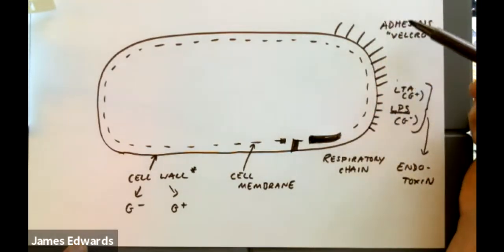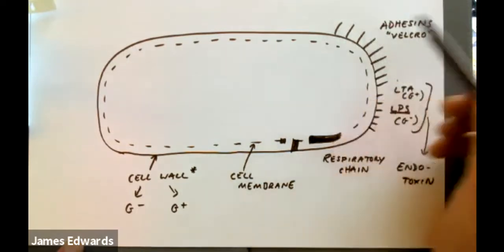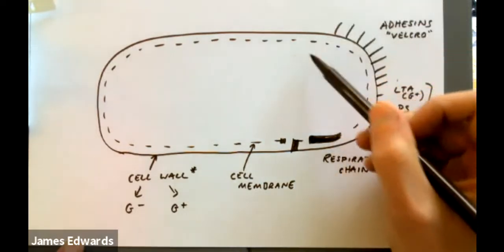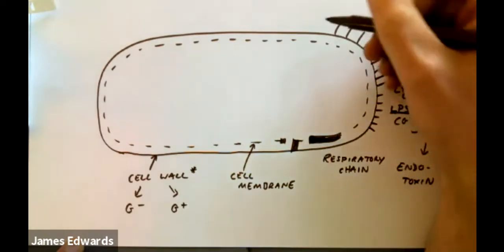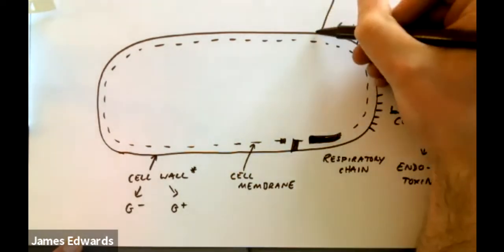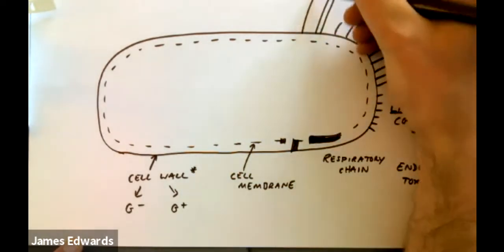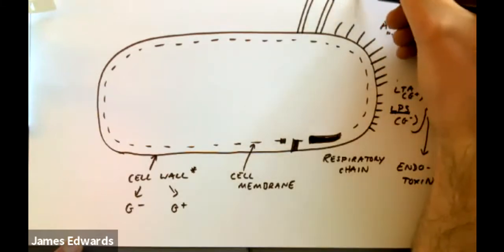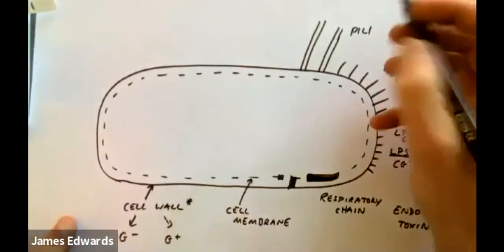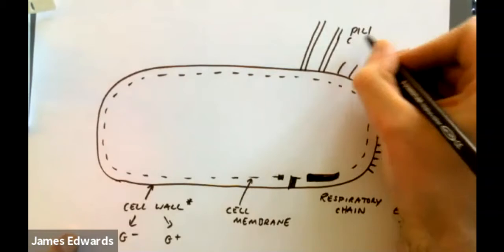Again, the word adhesin is a really massive umbrella term for a whole family of different adhesive molecules on the outside. And then the last adhesive structure, which is significantly bigger, are the pili. Sometimes these also go by the name fimbriae.